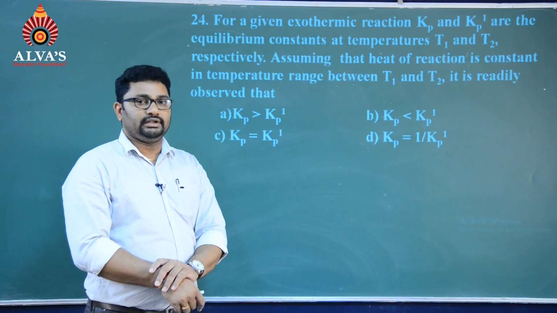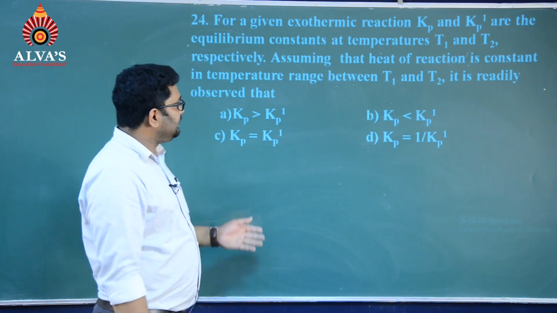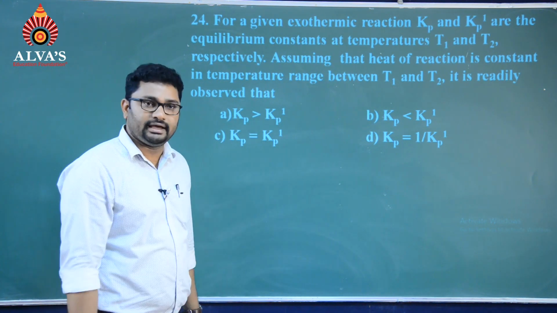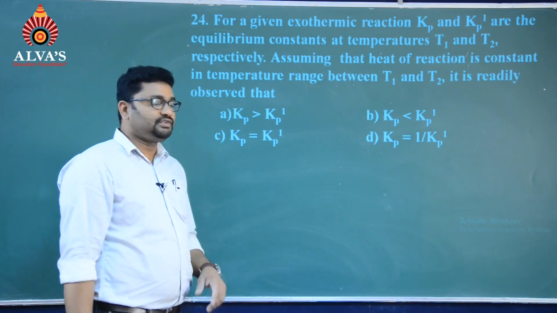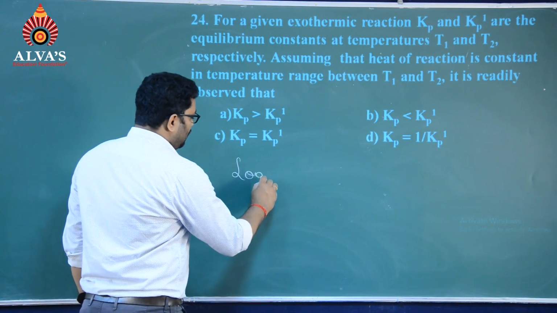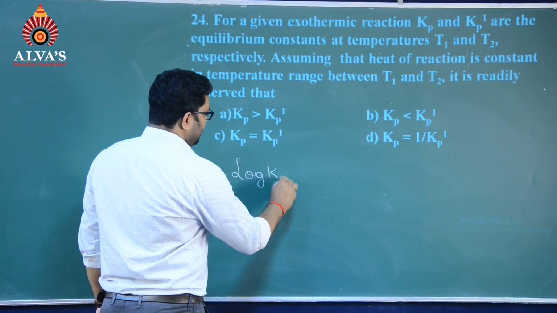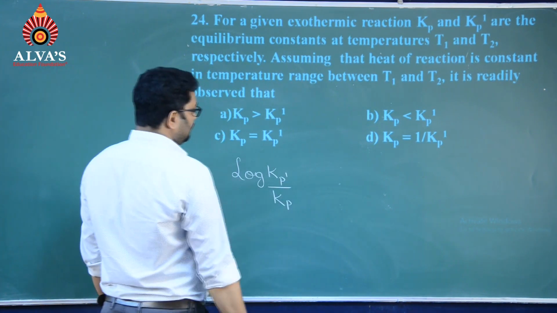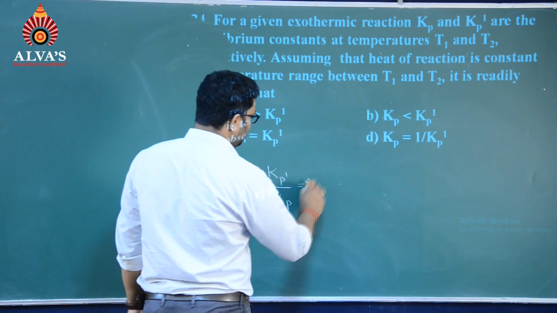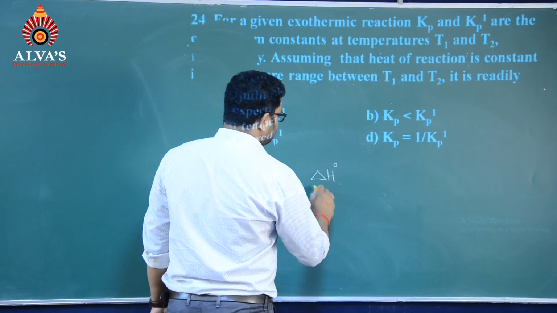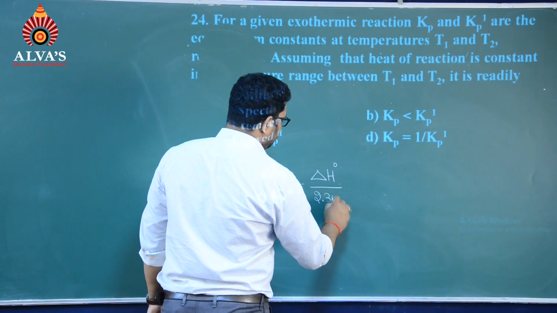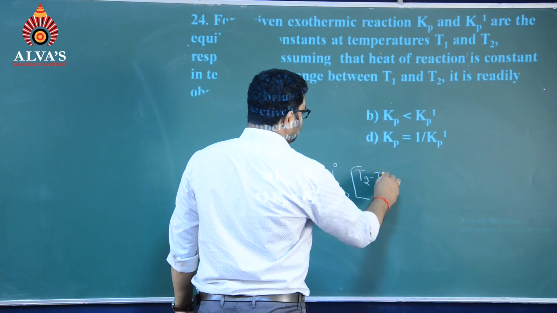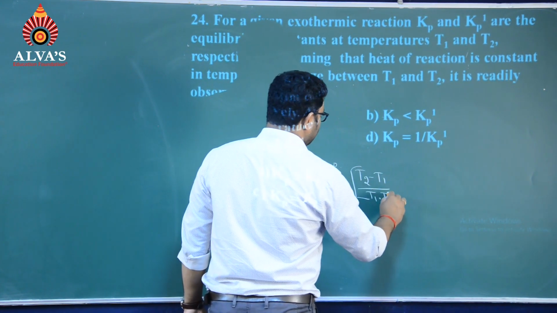Students, quantitatively, the relationship between temperature and Kp value, that is the equilibrium constant, is given by the integrated form of the Van 't Hoff equation, that is log Kp dash divided by Kp equals delta H naught by 2.303 R into T2 minus T1 divided by T1 into T2.